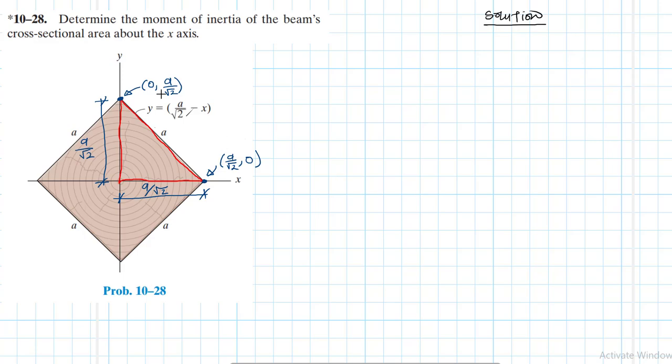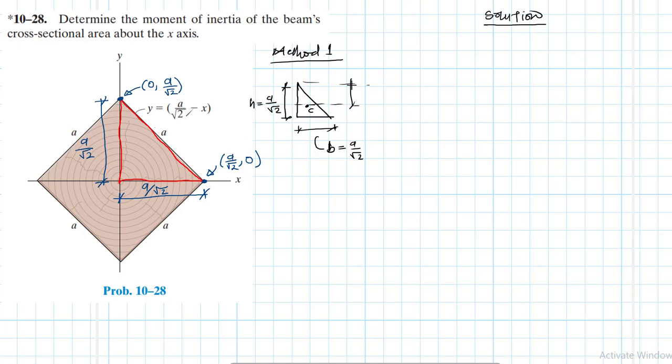Once we know this, like I said, there are a lot of different ways of tackling this problem. Assuming you know the moment of inertia about the centroidal axis for a triangle, we have this triangle whose length here is equal to a root of 2, and the height h is equal to a root of 2. Then imagine we have the centroid there.